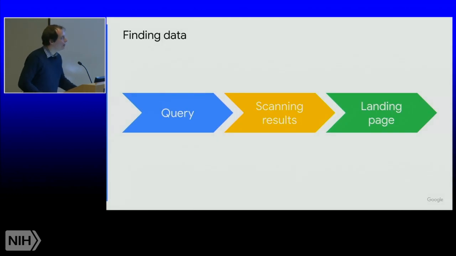It can be divided into three parts: querying, so actually typing the thing that you're looking for, then scanning the results, and finally evaluating the landing page. And I'm going to put it out there straight away, although it is a spoiler, only the first two are involving really us. The third one, the landing page, is really up to the data providers.